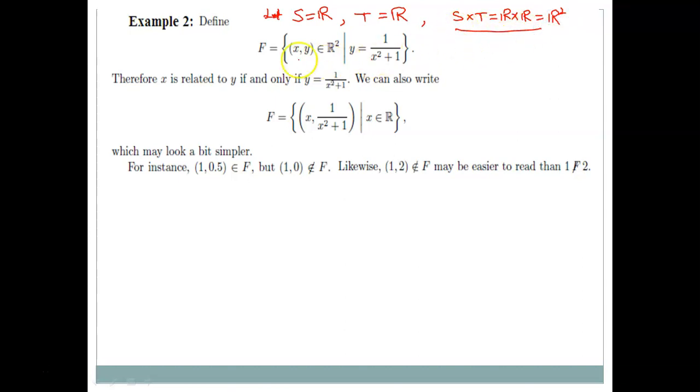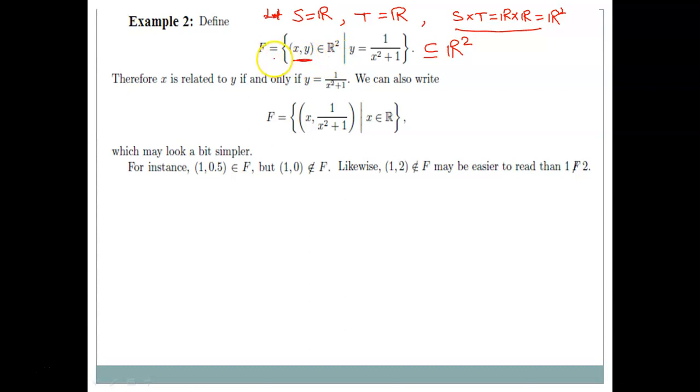So here, instead of relation R, I am considering the relation F, and definitely this F is a subset of this R square. Why? Because all the ordered pairs in this F are taken from R square.